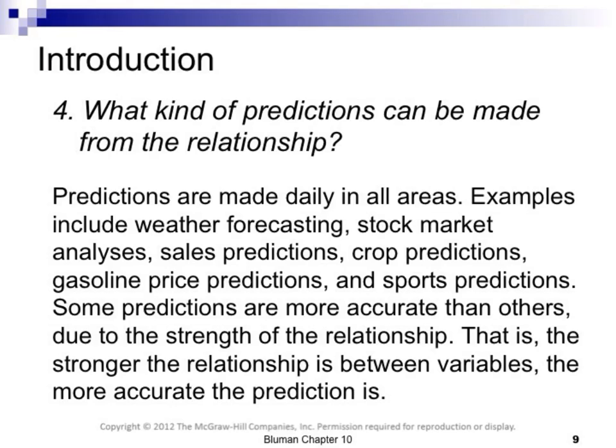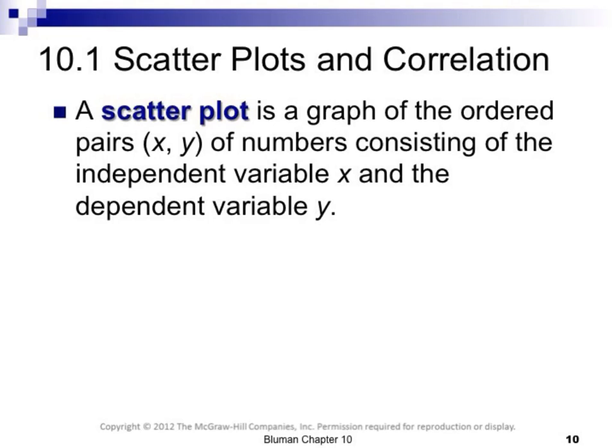You know, the BCS was using a lot of numerical inputs to predict matchups, whether you agree with that or not. There was an algorithm formed, and it was predicting matchups based on a lot of variables, not just two. And the stronger the relationship between variables, the more accurate the prediction is.